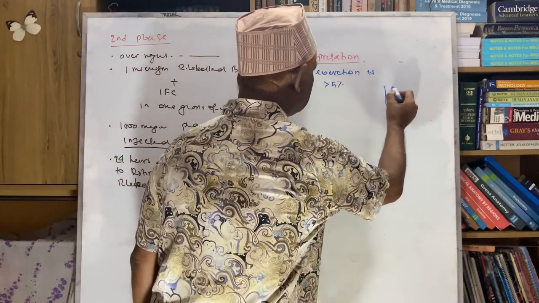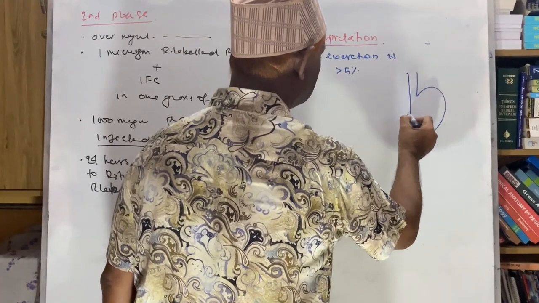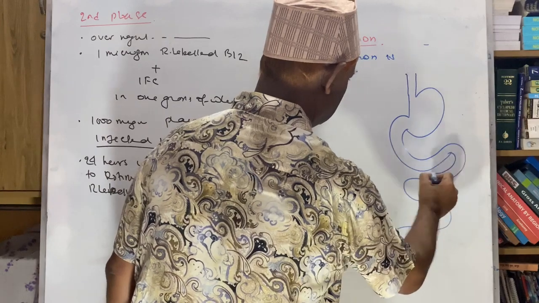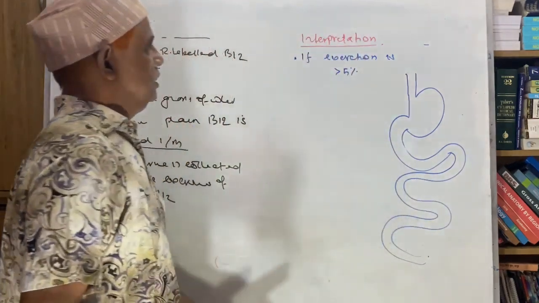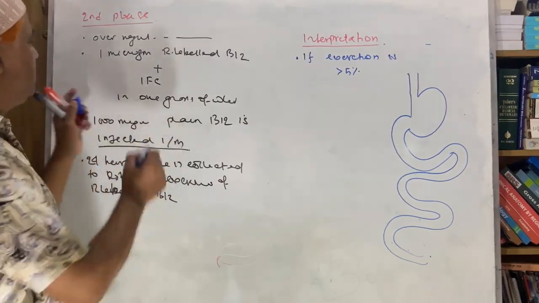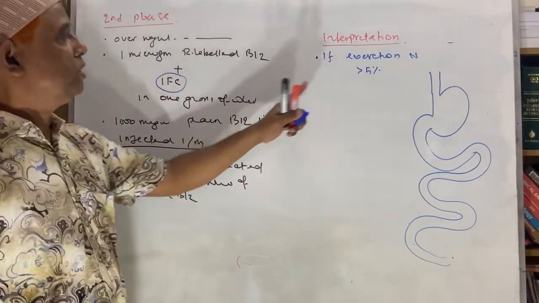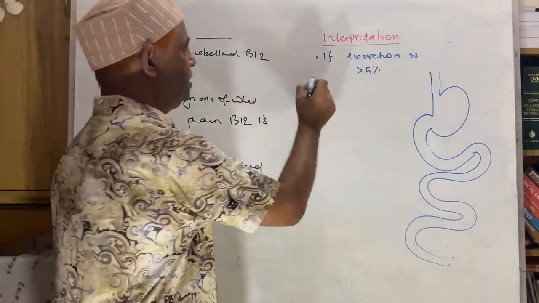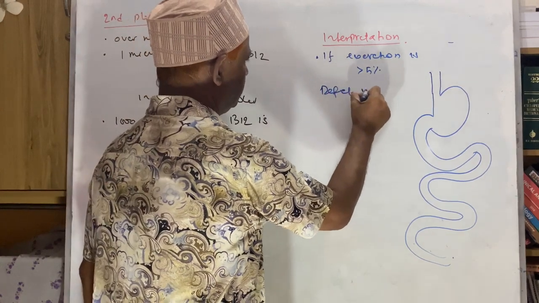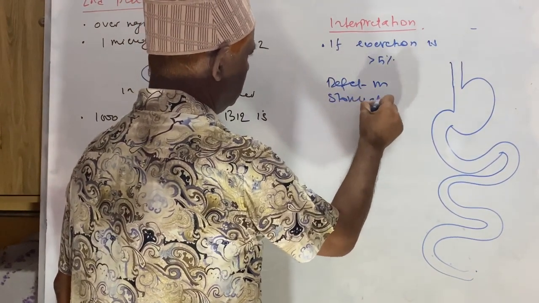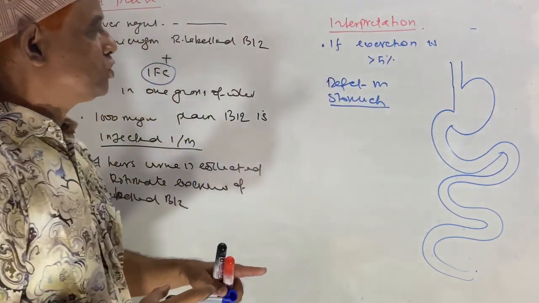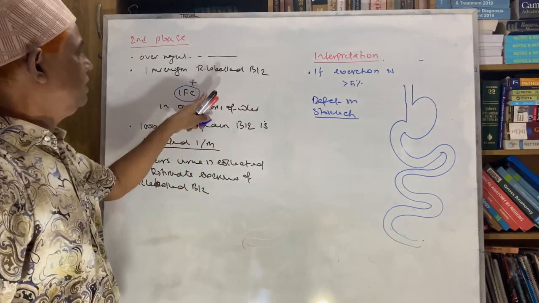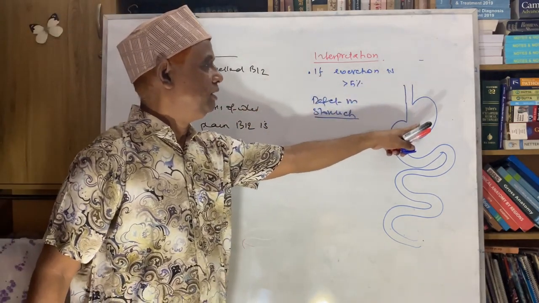If this is the stomach, it indicates a defect in the stomach. That is, as there is a defect in the stomach, there is not sufficient intrinsic factor of Castle here. So after giving intrinsic factor of Castle, the excretion is corrected. So the defect is in the stomach.